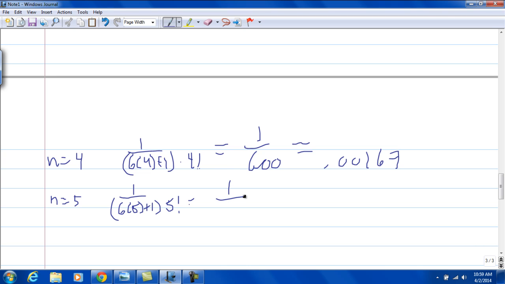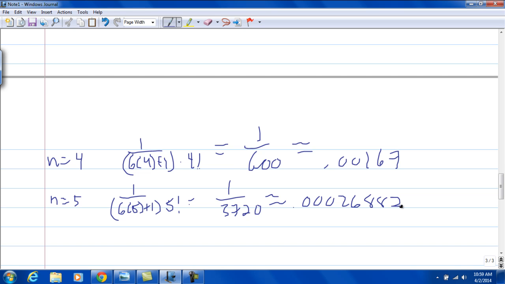So 1 over 6 times 5 is 30, 31, 31 times 120. I get 3720. 1 divided by 3720 is going to be approximately 0.000268882. So we're getting close.